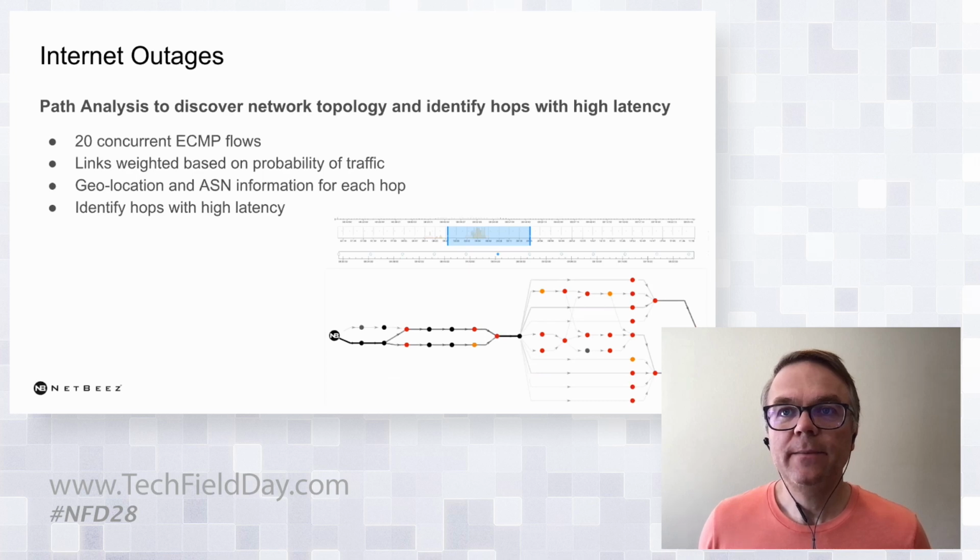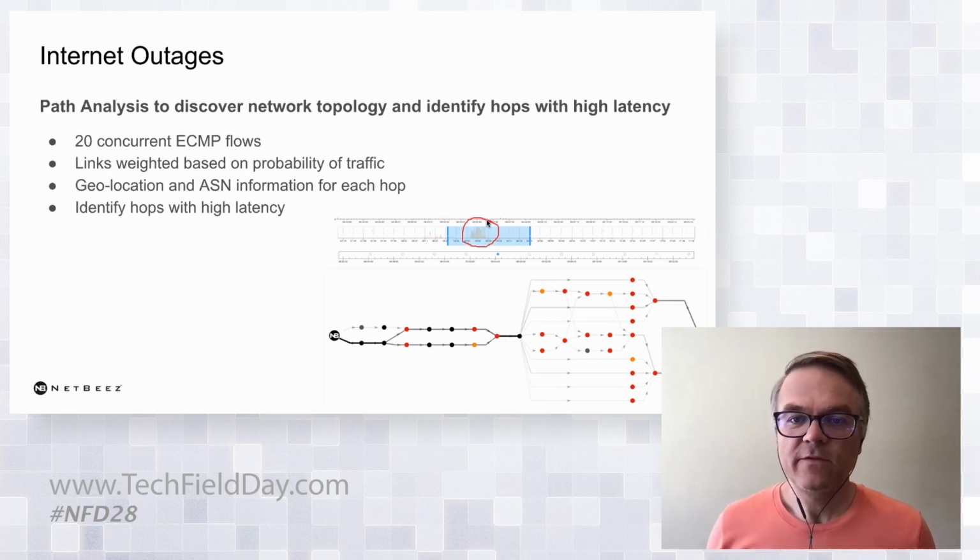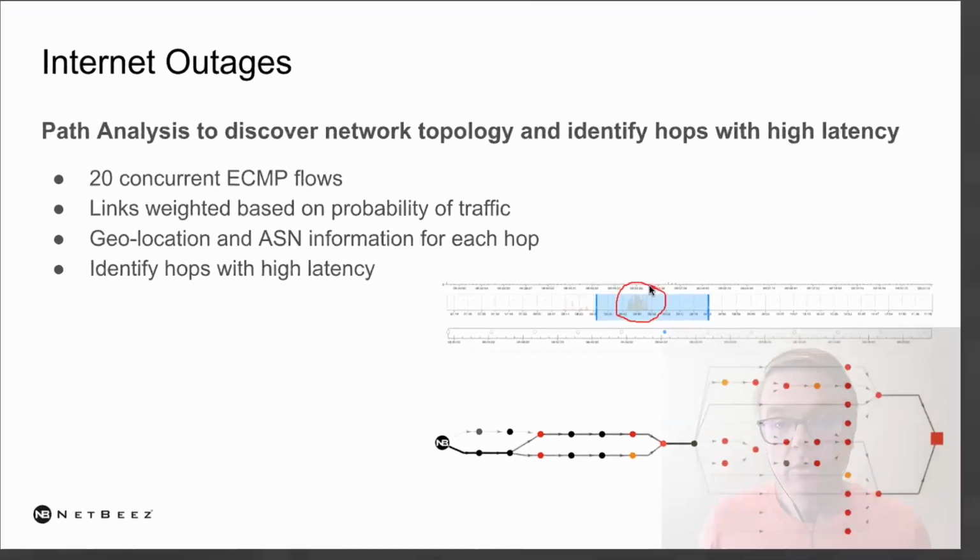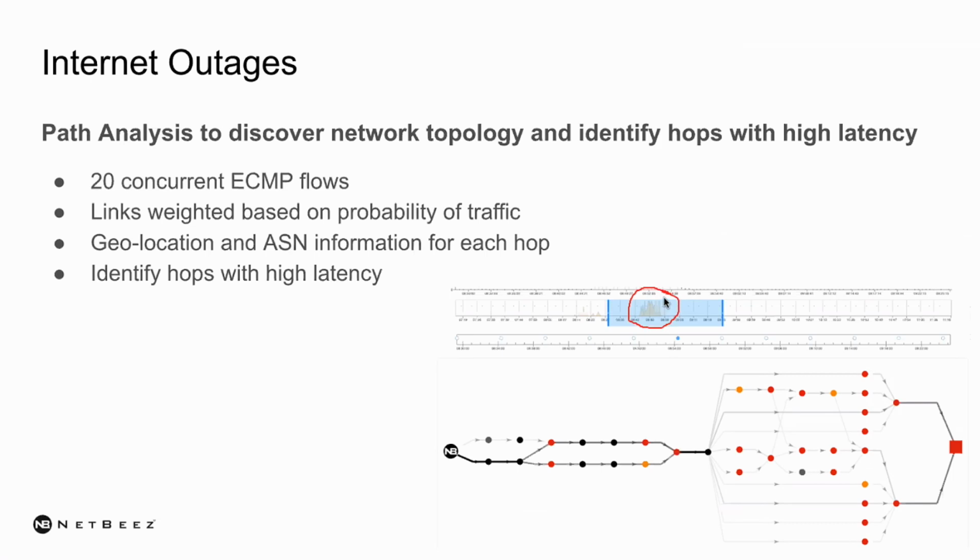In this case, you see a case where we identified a high latency in our ping tests from the user's laptop to Google. At the same time, this data is overlapped with our path analysis visualization tool.